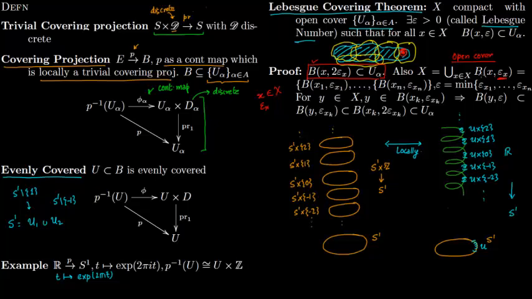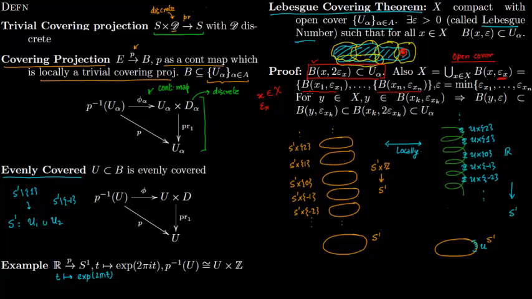So essentially around each point we have 2 balls of different radii: one is 2 epsilon x, which we will use later on, and one is just epsilon x. Now you have an open cover. Since X is compact, this cover has a finite subcover, so you have picked a finite number of balls which cover the entire space X.